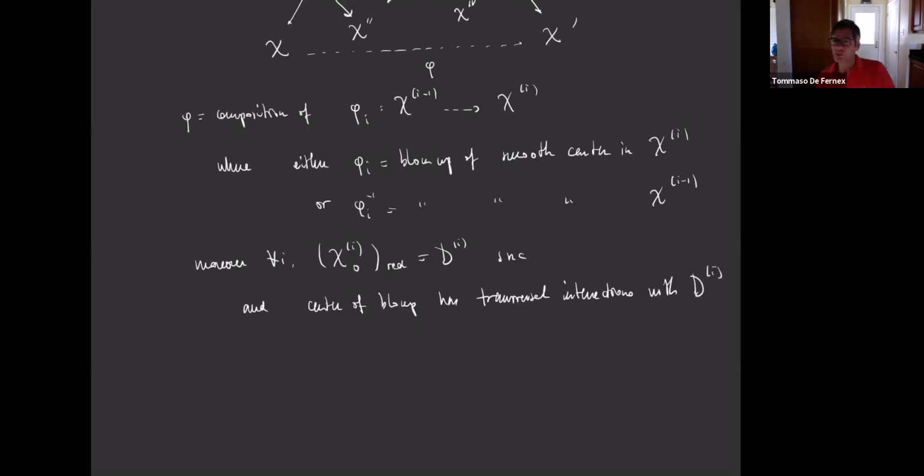What do I mean by transversal intersection? It doesn't mean that it intersects properly every stratum. You can have excess intersection. What it means, though, is that at every point you have a system of coordinates so that the divisor is defined by monomials in those coordinates, and the center of blow-up is also defined by monomial equations in those coordinates.